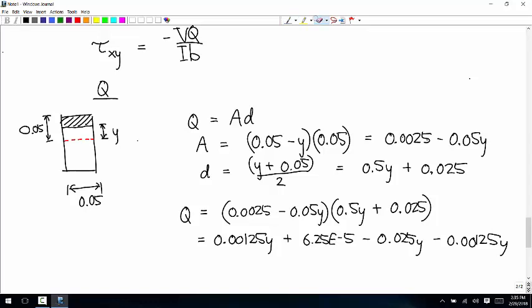Nope, that one doesn't have a y, right? This one's y squared, and this one's y. Does that look right?